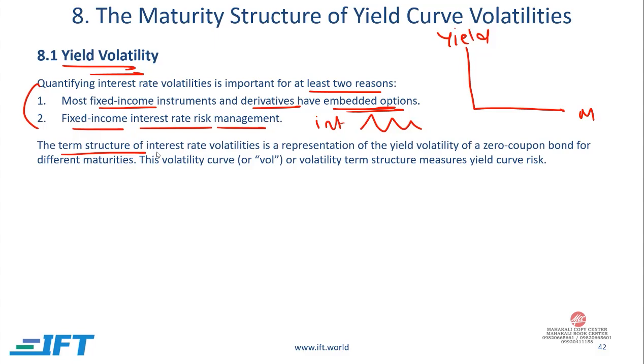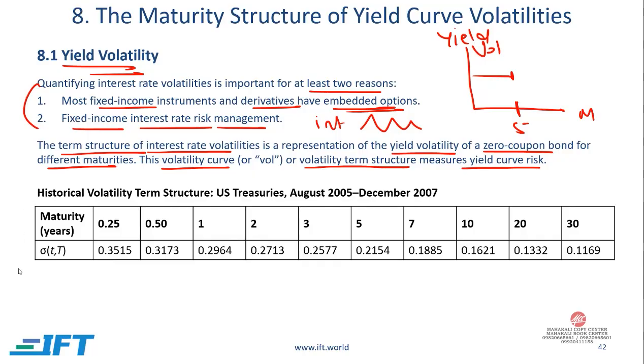The term structure of interest rate volatilities is a representation of the yield volatility of a zero coupon bond for different maturities. In other words, if we say that this is a 5-year maturity, when we look at the yield volatility, we are looking at the volatility of a zero coupon 5-year instrument. The volatility curve or volatility term structure measures yield curve risk.